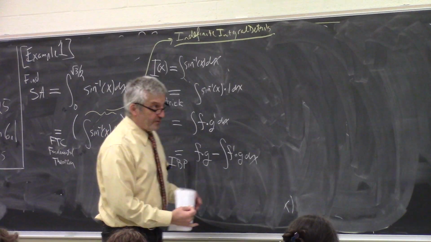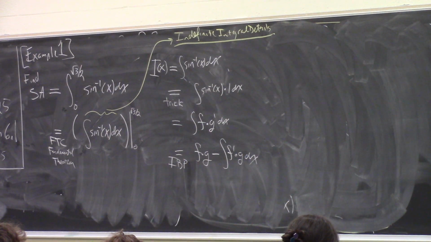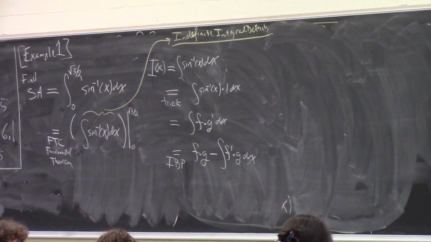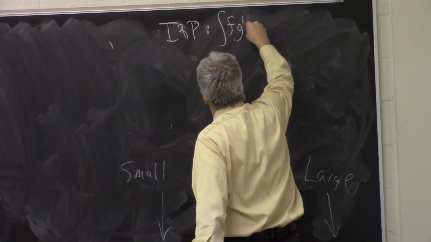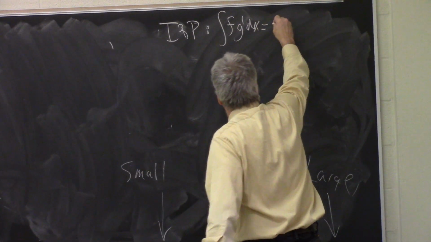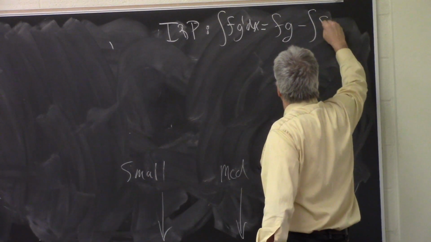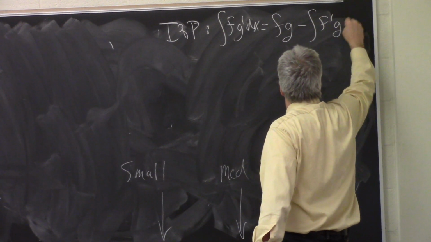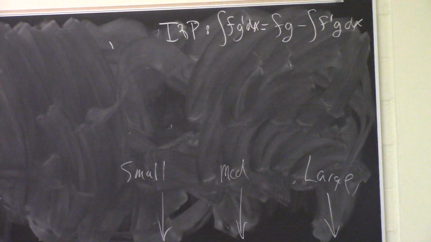So there's our first thing to put as a reference. Remember that integration by parts tells us that the integral of f g prime is equal to f g minus the integral of f prime g. Remember, there are binders over here.